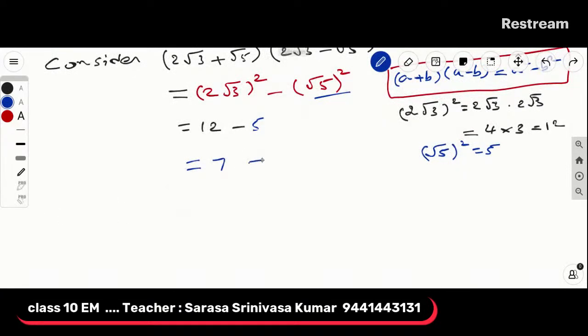Therefore, because 7 can be written as 7 by 1, 7 is a rational number.